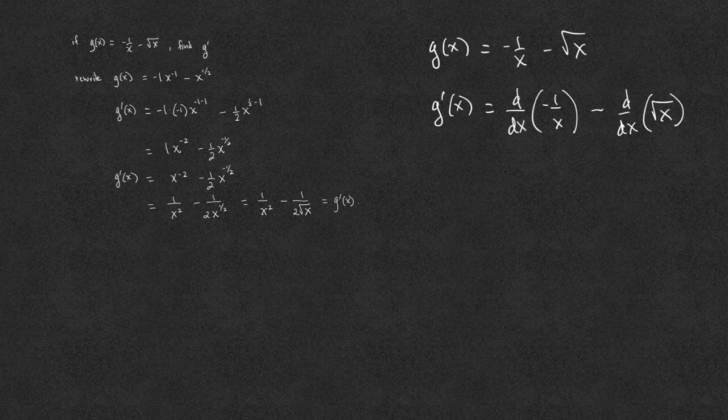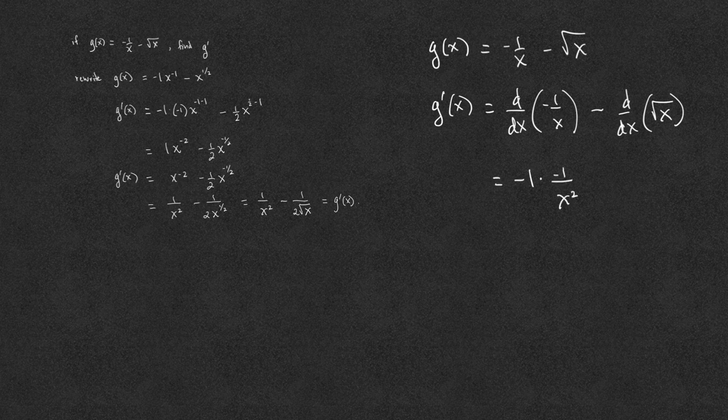We have not taken the derivative yet, but this notation d dx tells us that we still need to differentiate the expression inside the parentheses. The derivative of negative 1 over x: we rewrite it. The derivative of 1 over x is negative 1 over x squared.